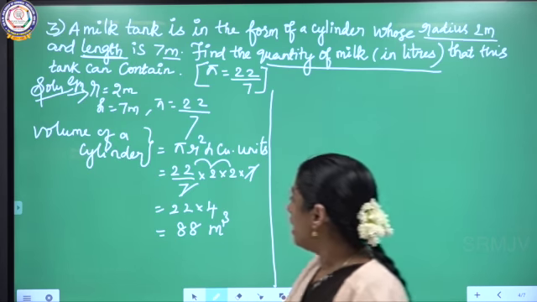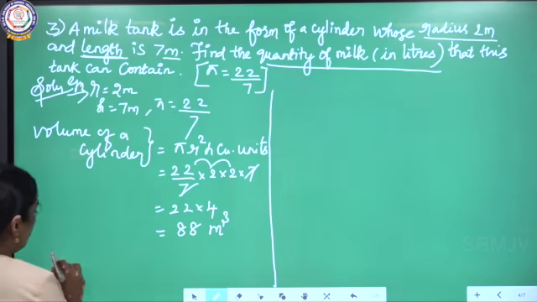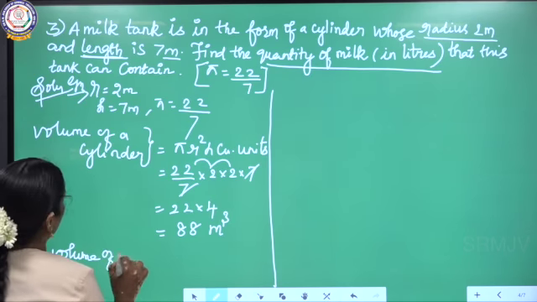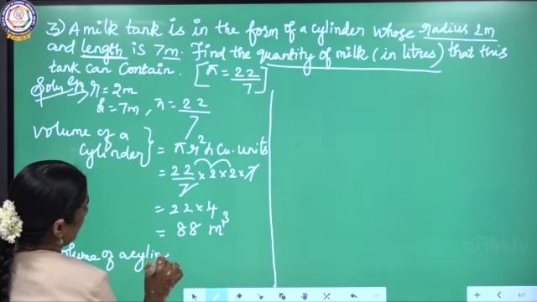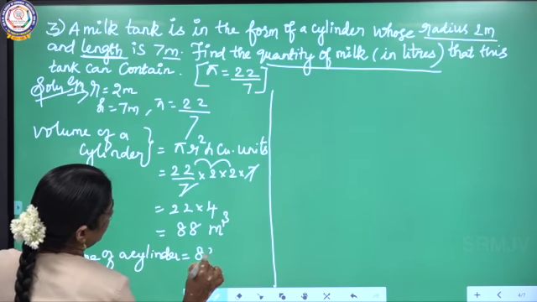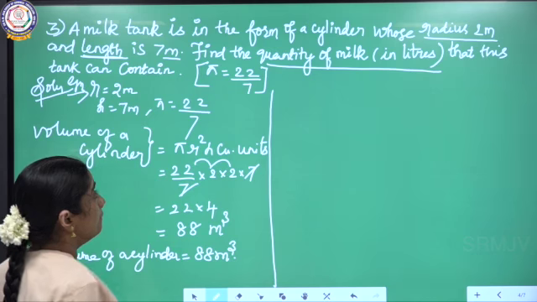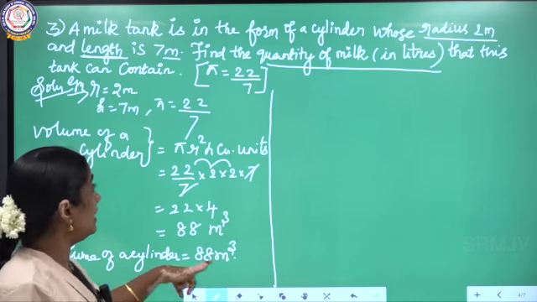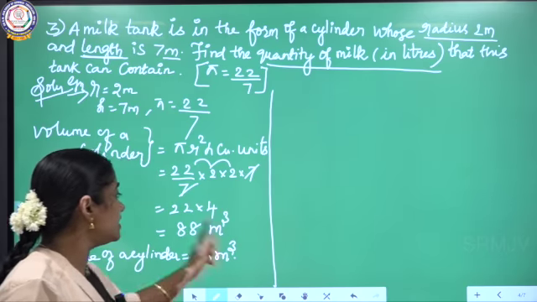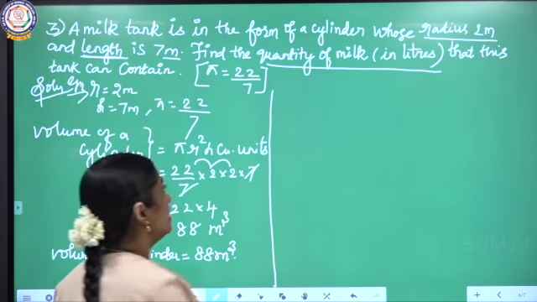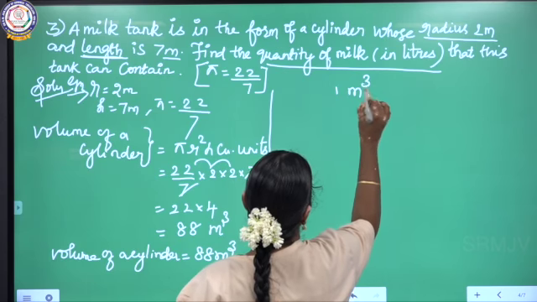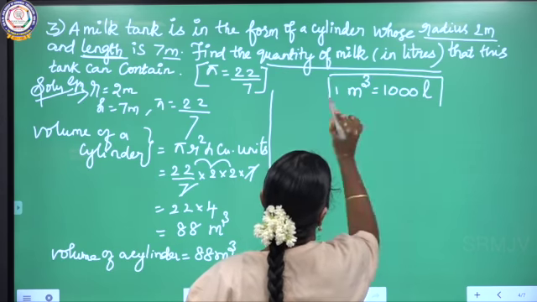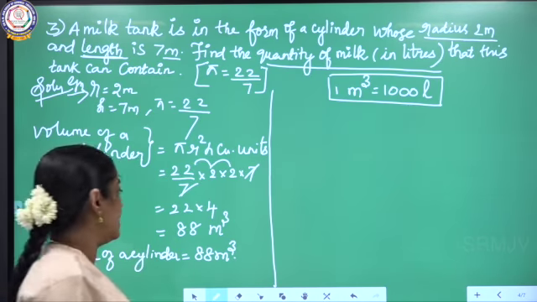Clear? So now listen. Volume of a cylinder is equal to 88 meter cube. My step 1 is over. But I am going to write it in liter. How can I change the meter cube into liter? Listen, 1 meter cube is equal to 1000 liter.